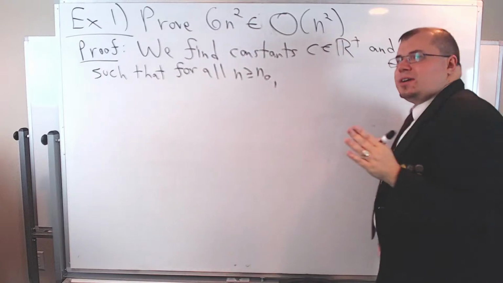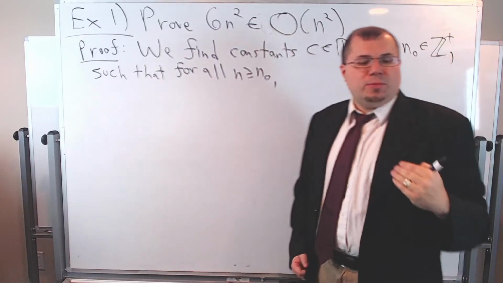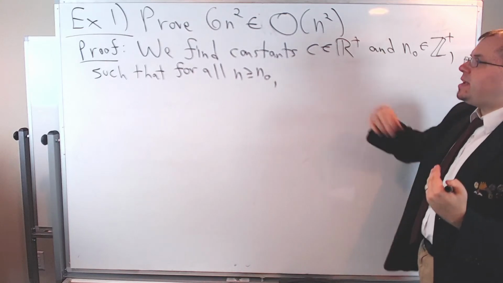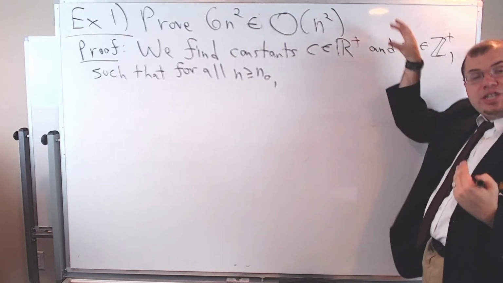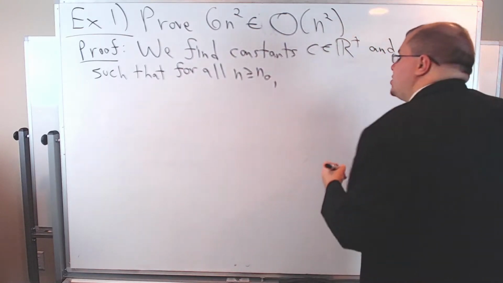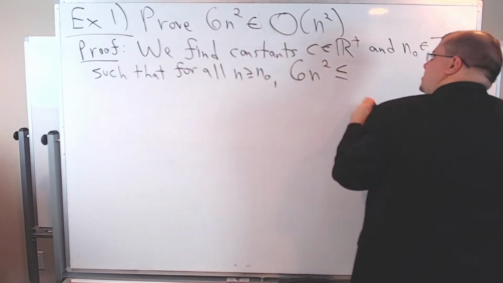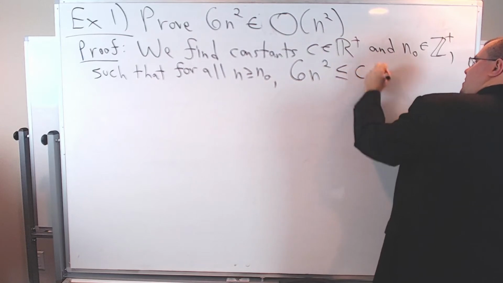Remember, this is not supposed to be a cookie cutter. The point is that you want to think very carefully about what you're trying to argue. This opening statement is just me stating the definition within the context of my two functions: 6n squared is less than or equal to c times n squared.